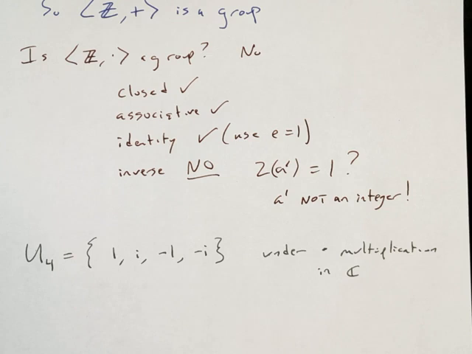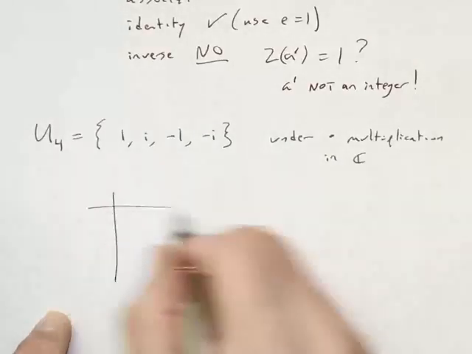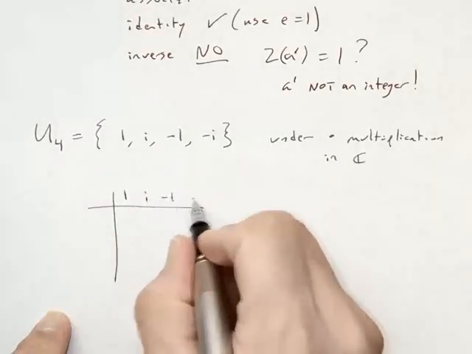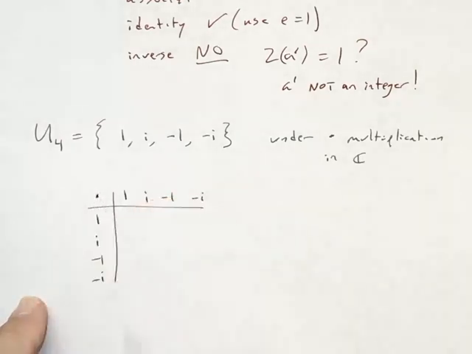If you wanted to, you could actually write a little table, a multiplication table, for these 4 numbers, right? You could make a chart. Like the operation table we talked about on Thursday, I could say, under the operation of multiplication, do all 16 of these and tell me what you get.